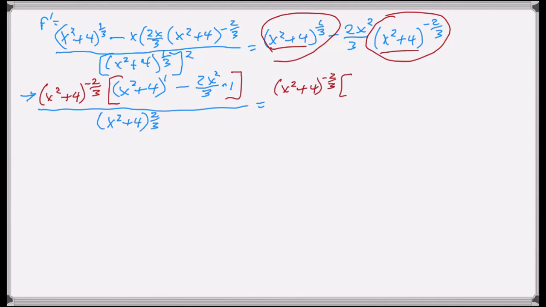We've got x squared plus 4 minus 2x squared over 3. All that's over x squared plus 4 to the 2/3.